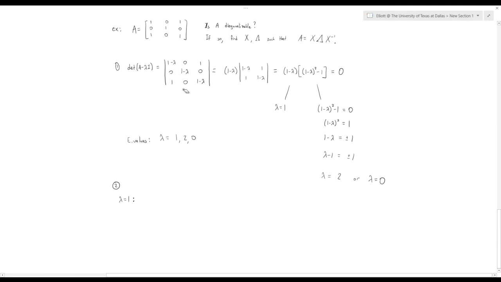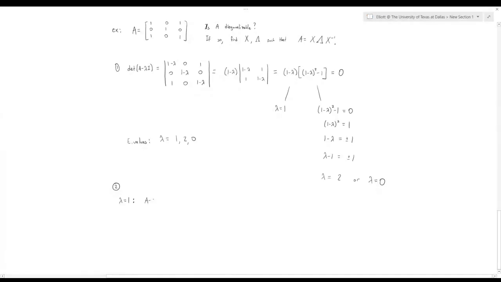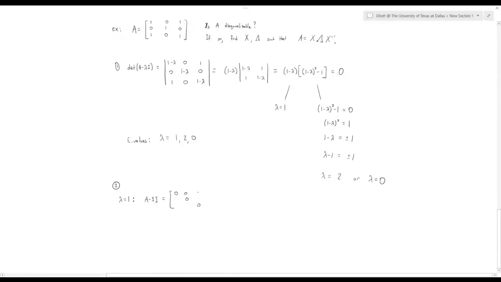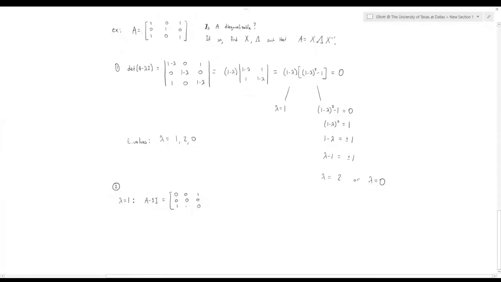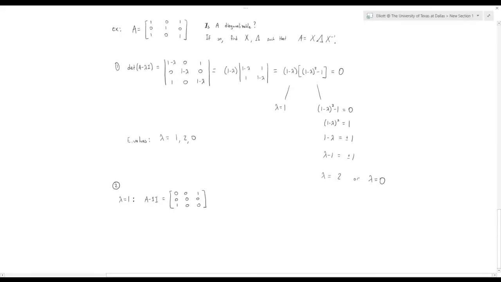I'm going to plug 1 into this matrix here. And you want to find the null space of this matrix to get the corresponding eigenspace.